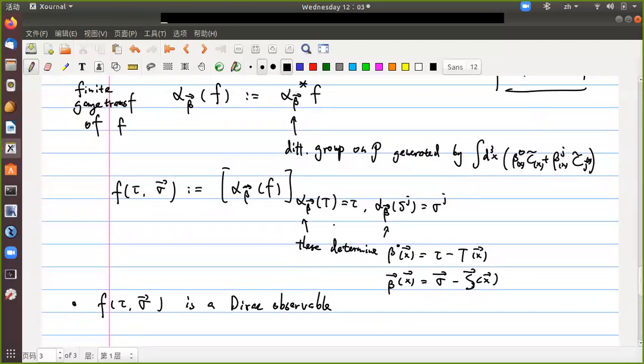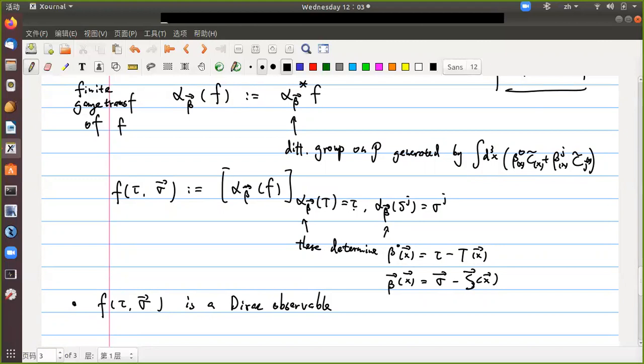You are really just using T as your time, as your clock, and S as your ruler. When you make a gauge transformation of T, this is something like a gauge fixing. You make a gauge transformation to fix T to be the value of tau. You fix your clock, and you call the value of the clock tau.